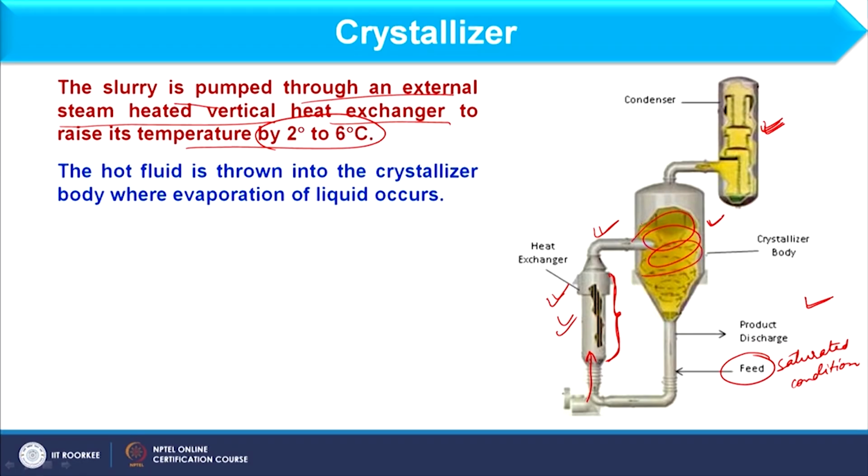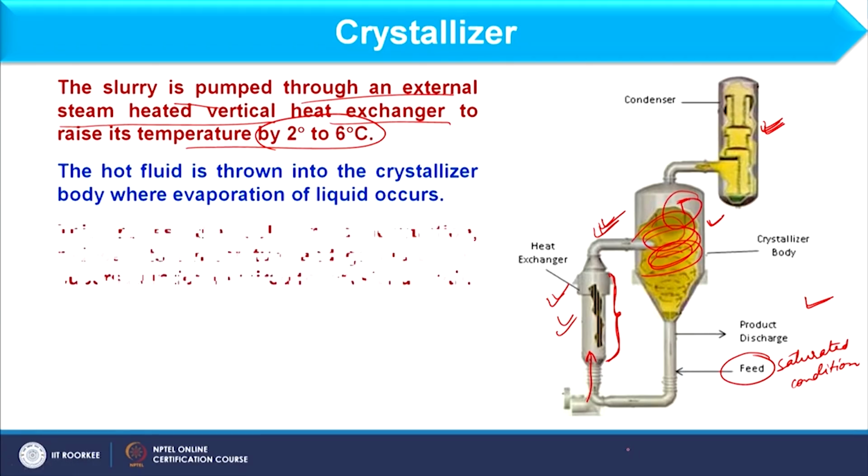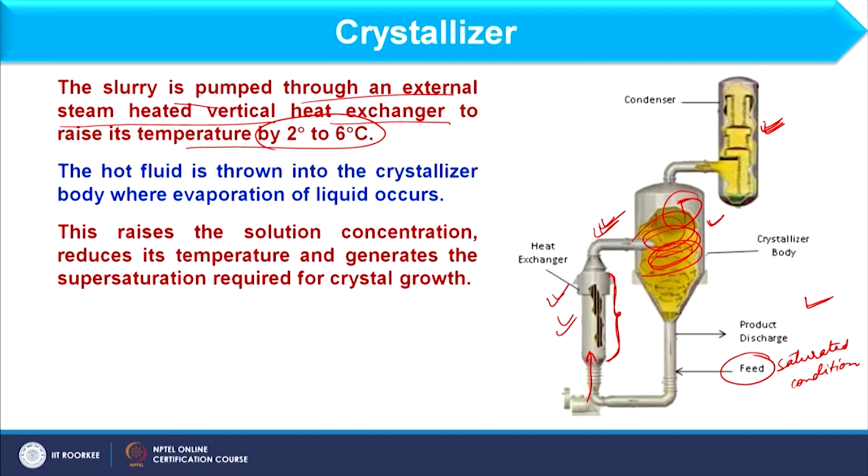When it is entering into this vessel, it is entering tangentially, not perpendicularly, and the solution revolves in this. The temperature here is less than the temperature available over here, and here I am having the supersaturation condition, right.